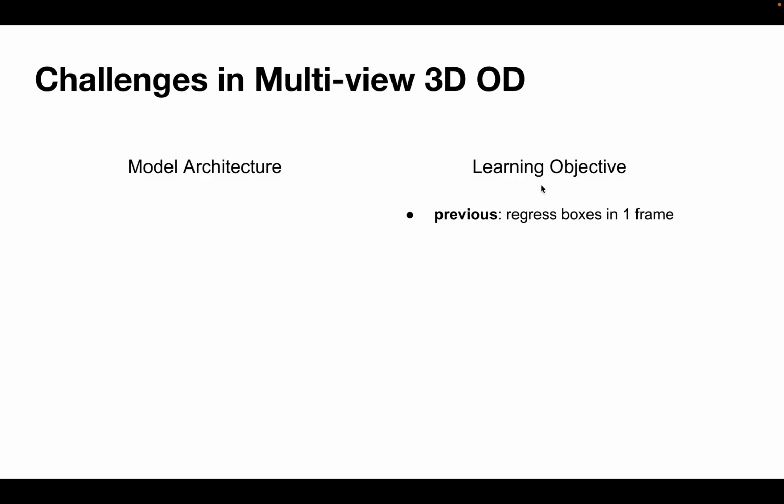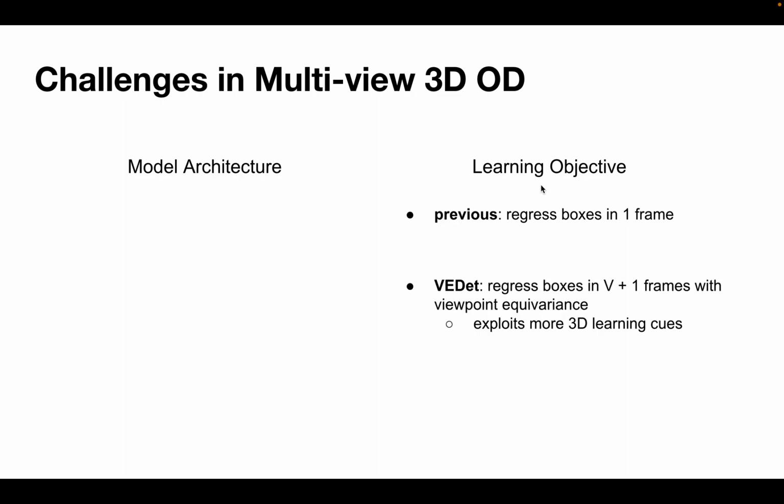As for the learning objective, previous methods regress the 3D bounding boxes in typically just one single coordinate frame. Here, we propose to also regress the boxes in multiple virtual frames with viewpoint equivariance. We found that this exploits more meaningful signals for the model to learn proper 3D geometry.